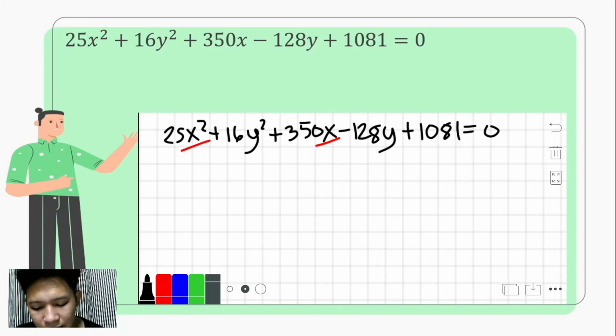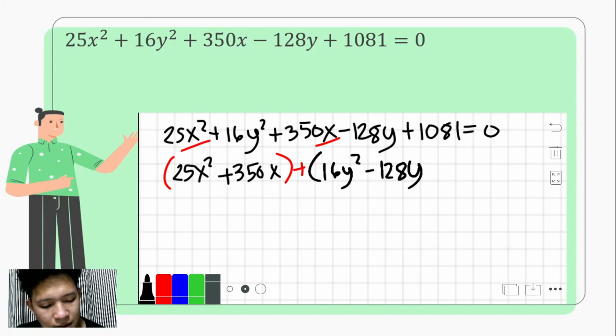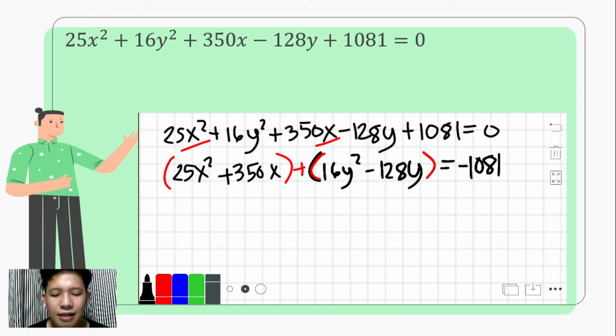This is equivalent to our first group would be 25x squared plus 350x. And then our second group would be 16y squared minus 128y equals negative 1081.